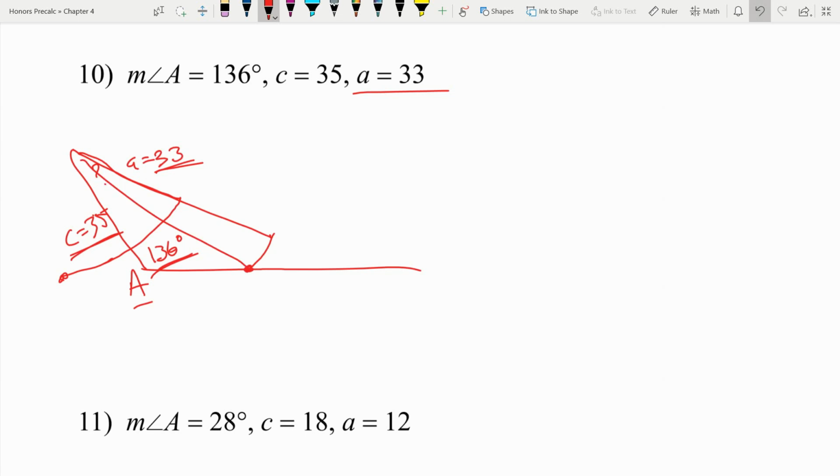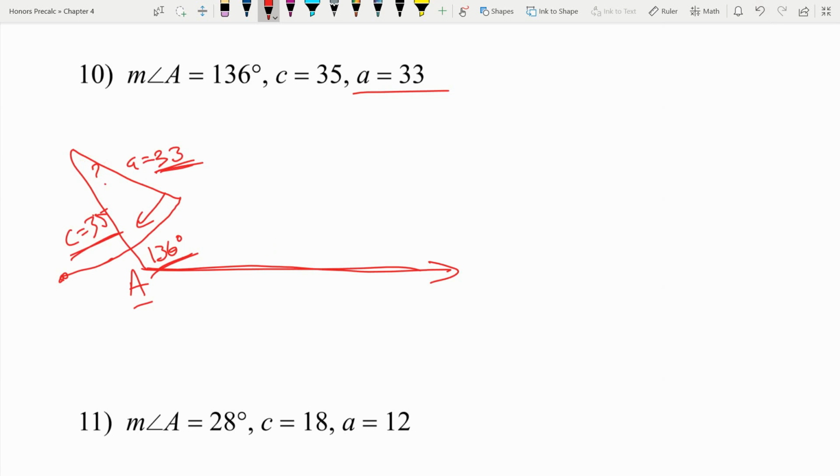But that is not the case. So really, we don't even have to do any work on this one. We can just draw it and realize, hey, this is way too short. We're never going to get ourselves a triangle here. It's always going to be a situation where we'll just never touch. It'll just rotate down through here and never hit this part of this side here. Remember, we don't know the length of this side.